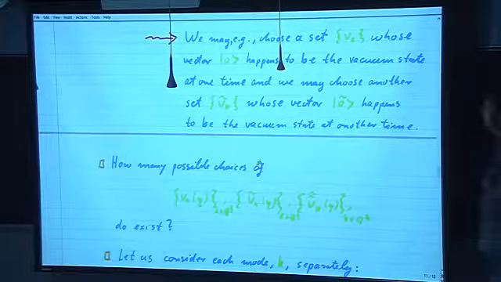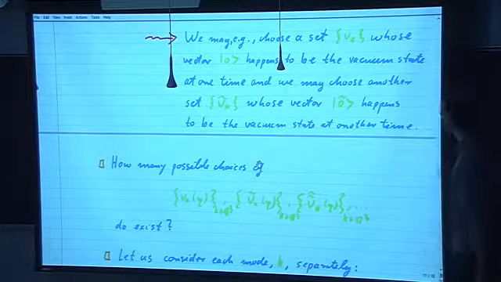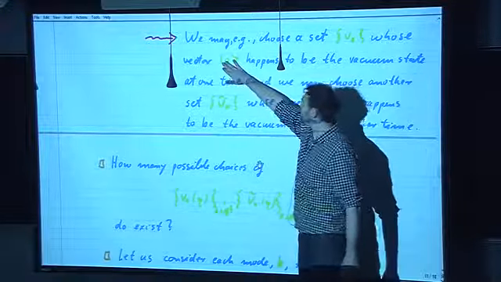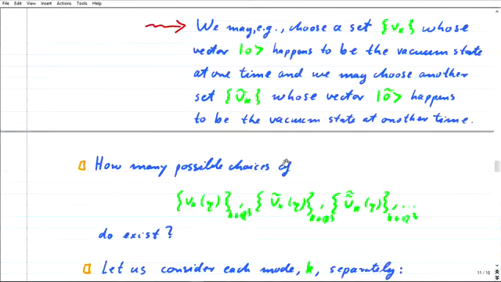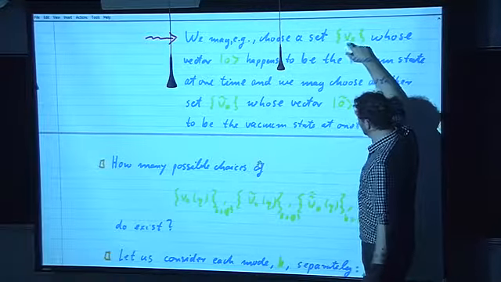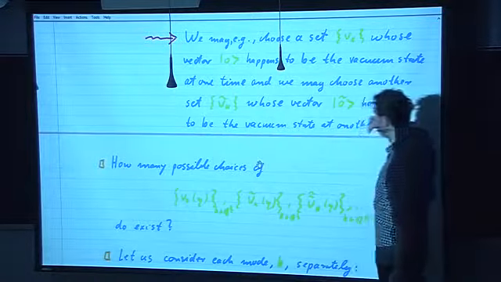So that means that we may, for example, choose a set of mode functions whose associated vector 0, meaning this set of mode functions comes with A and A dagger operators, such that the A operator annihilates this one.